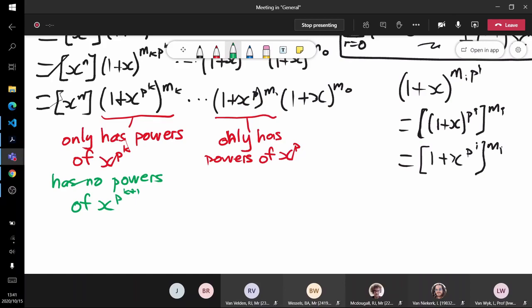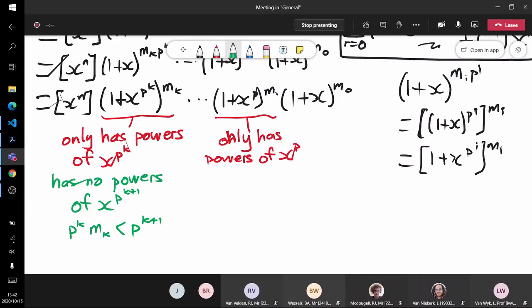Because the largest power here is going to be p to the k times m_k, which is less than p to the k plus 1.